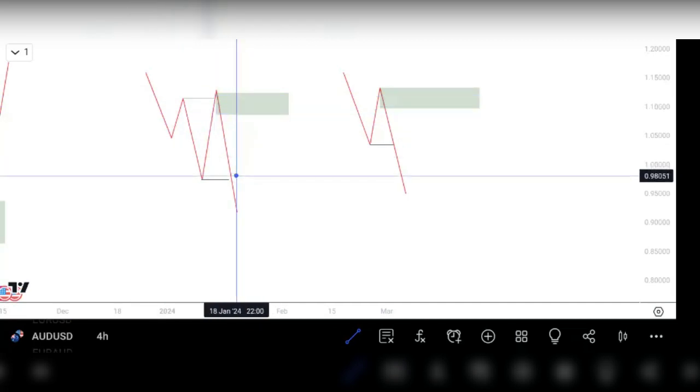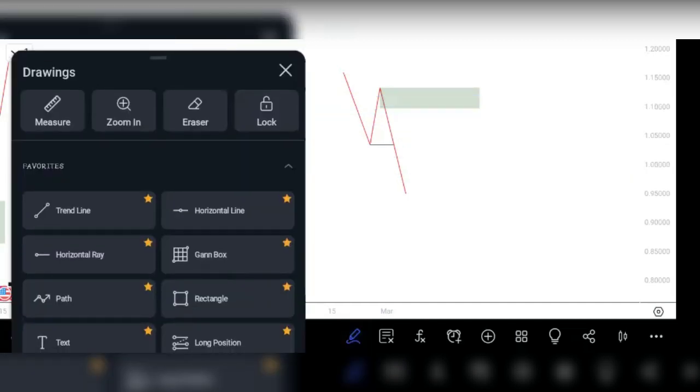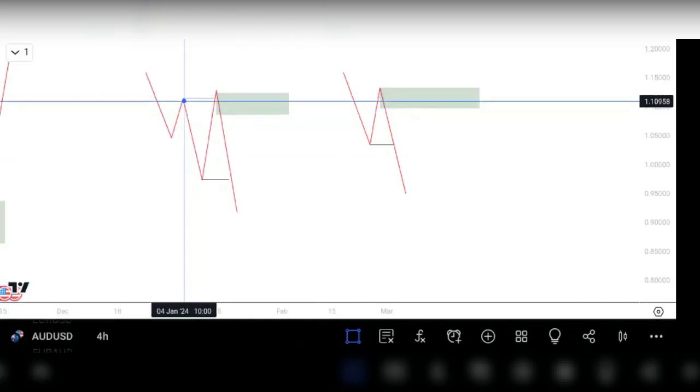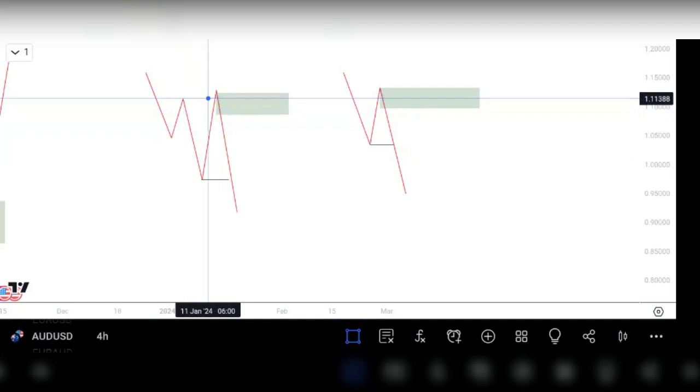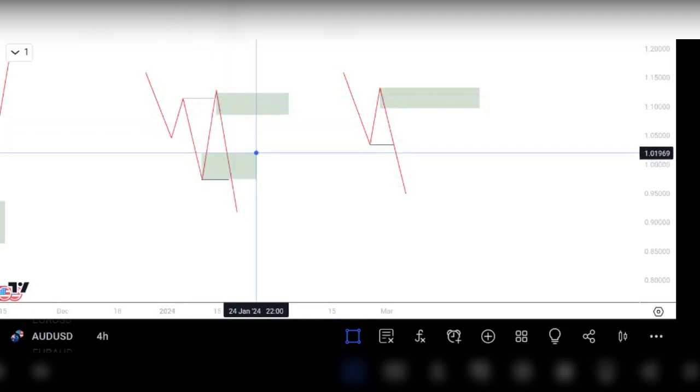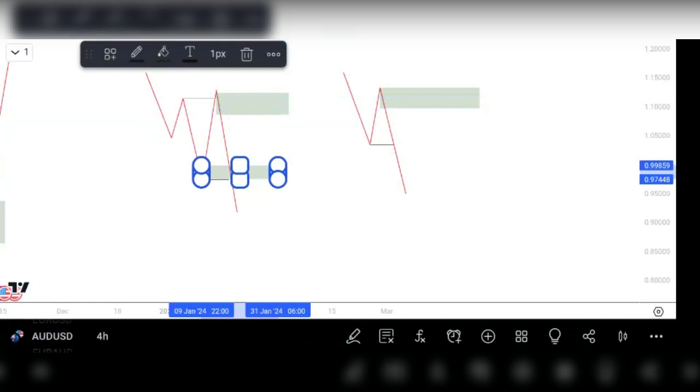Remember, a lot of people have been burnt here, because after price took out this lower high, they'll say price has created a change of character or a break of structure, and they'll be looking to buy immediately from here. And what happened? They are burnt. They are taken out.